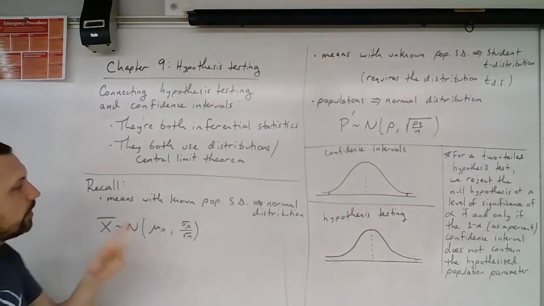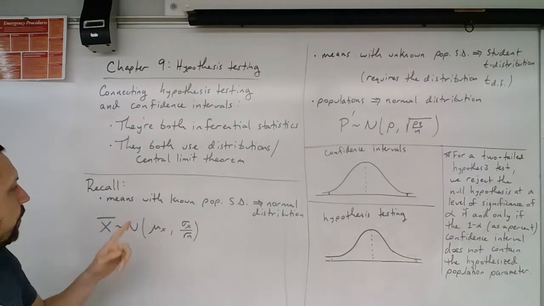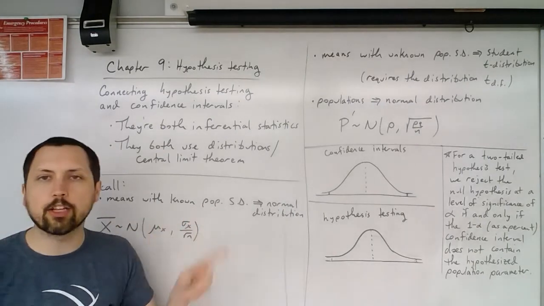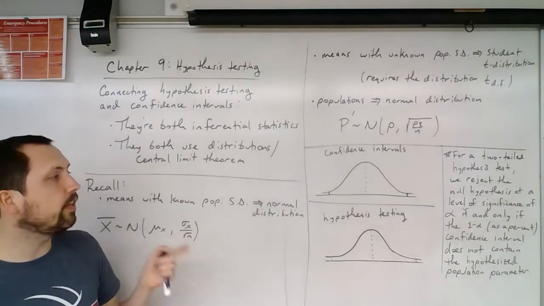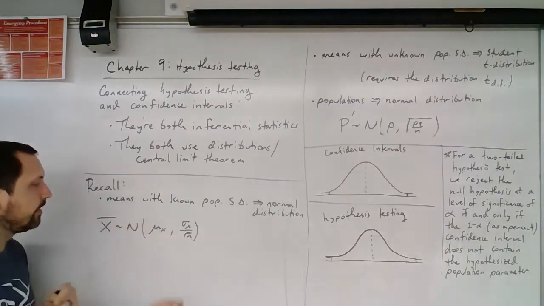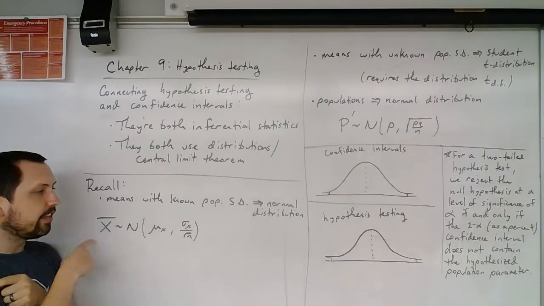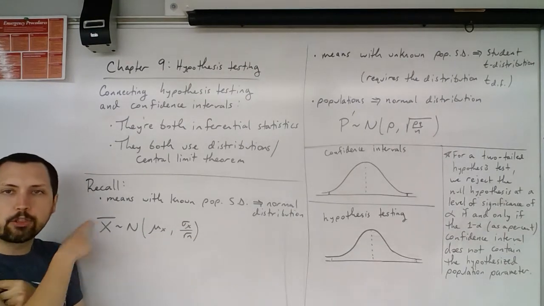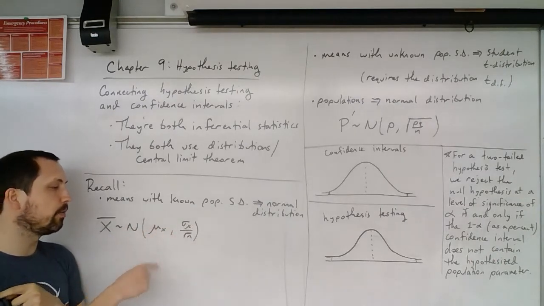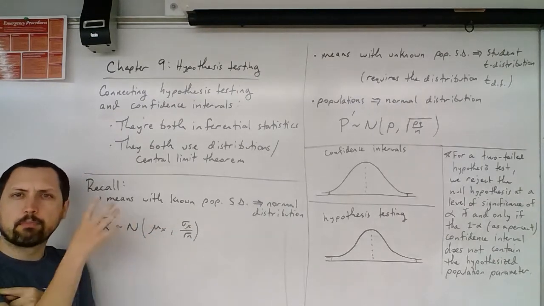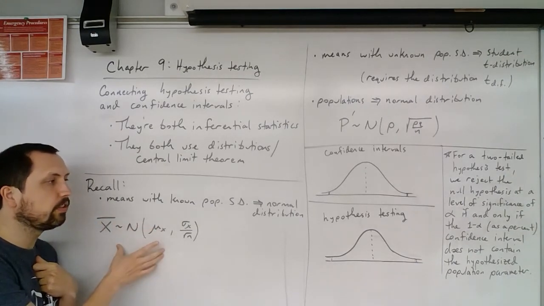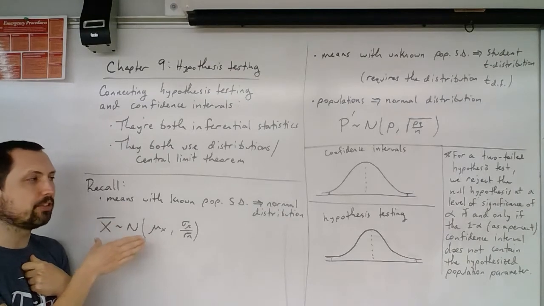A few things to recall: if we look at means with known population standard deviation, and we look at enough of these samples, we form a normal distribution. This was the central limit theorem for means. The distribution of sample means is approximately normally distributed, where this is our mean and this is our standard deviation. That is what we were using back in chapter 7.